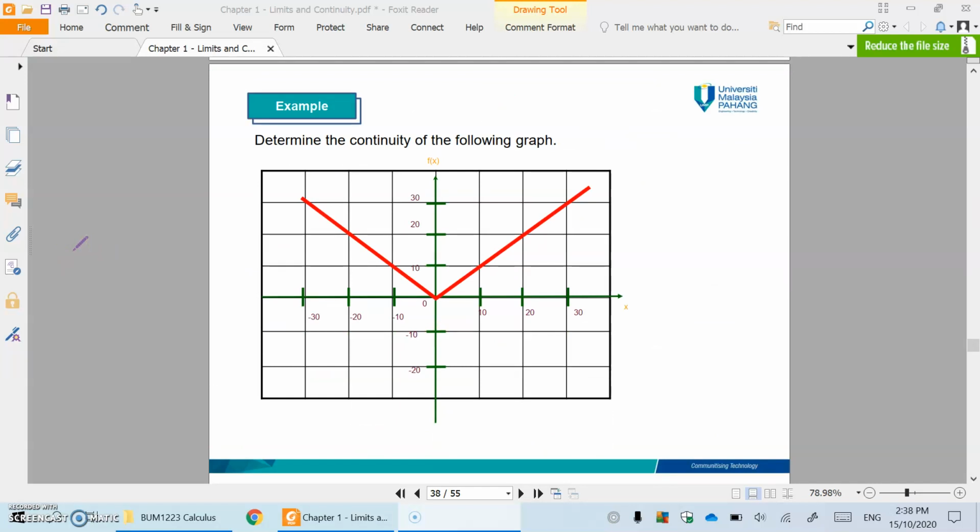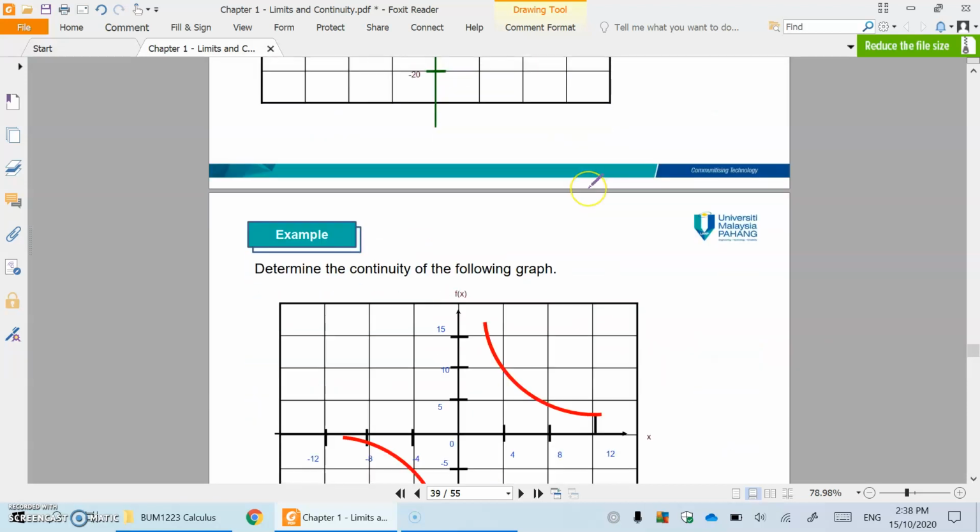Example. Determine the continuity of the following graph. As we can see, the graph starts from minus infinity, moving forward to 0, and then moving forward to infinity. So the graph is continuous, which means it is not broken at any point of x.